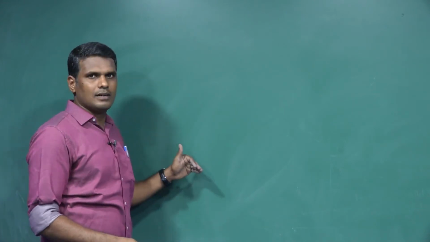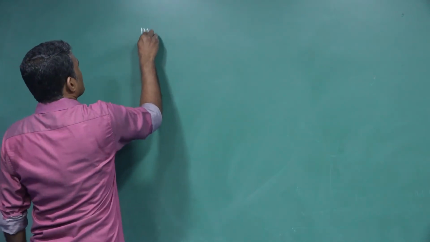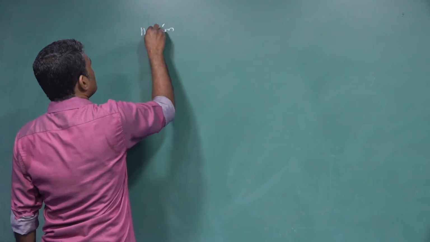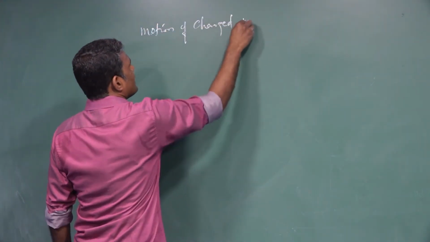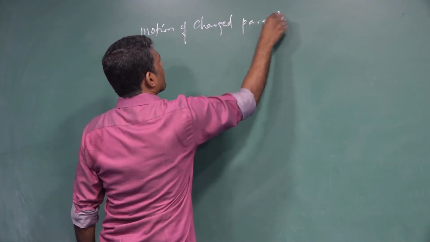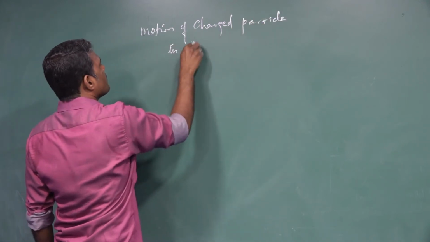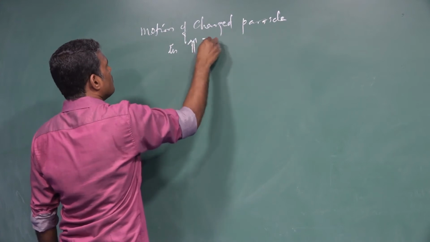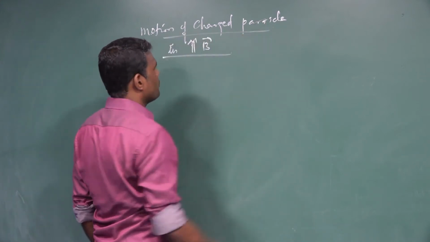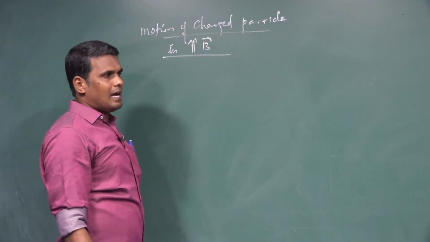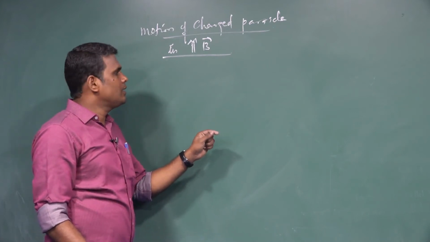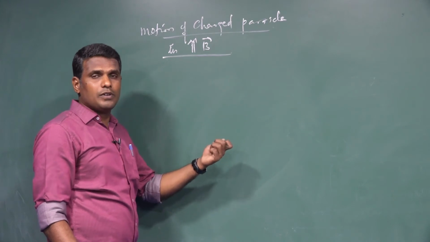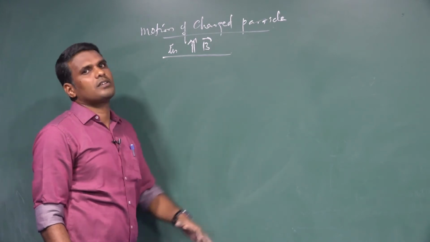Motion of charged particle in uniform magnetic field: as we know, when a charged particle moves normal to a uniform magnetic field, it experiences a magnetic Lorentz force because of which it describes a circular path.